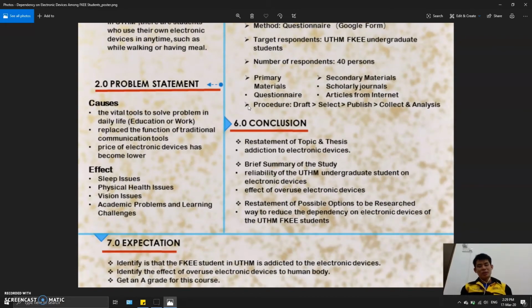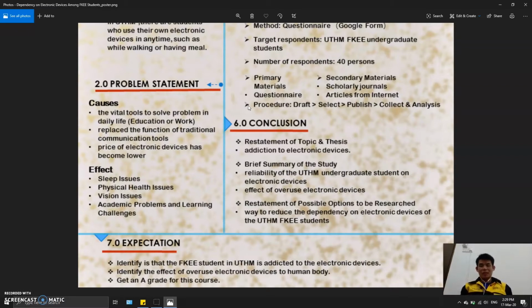Many students are over-dependent on electronic devices because they are vital tools to solve problems in daily life, no matter in education or in work. For example, we can use electronic devices in solving our questions while encountering difficult questions when we study or we work.